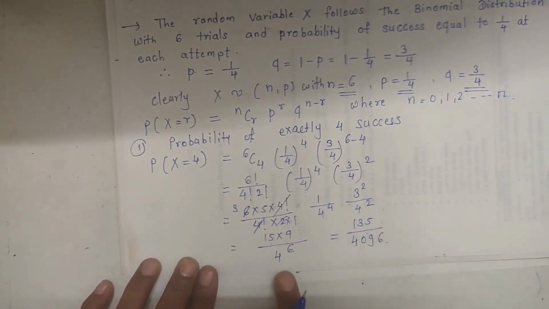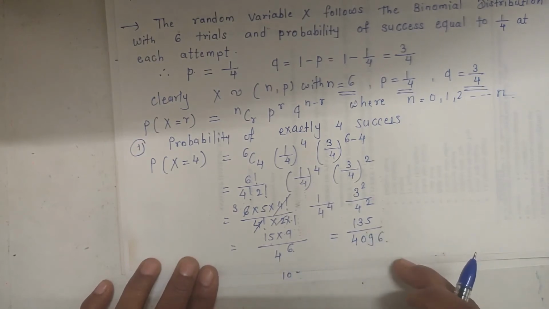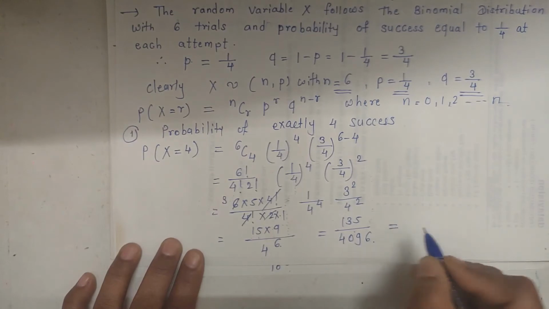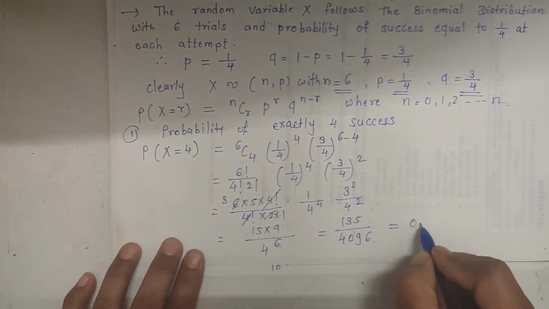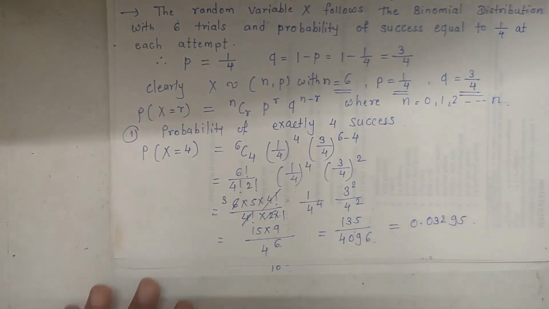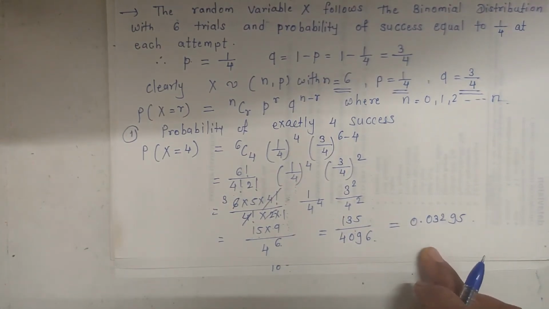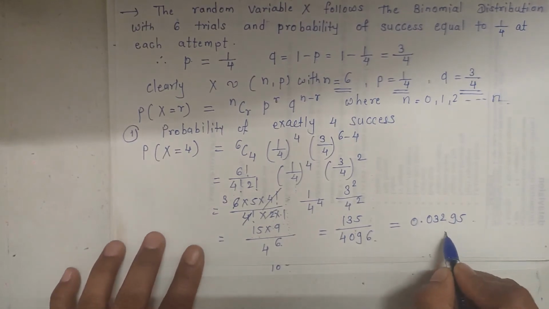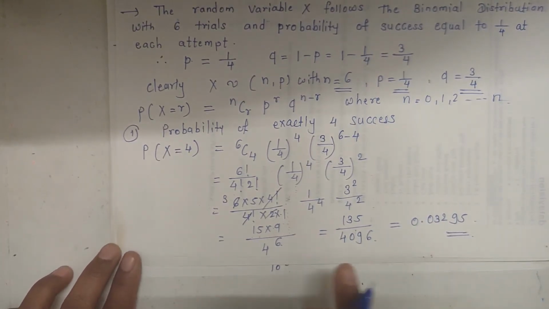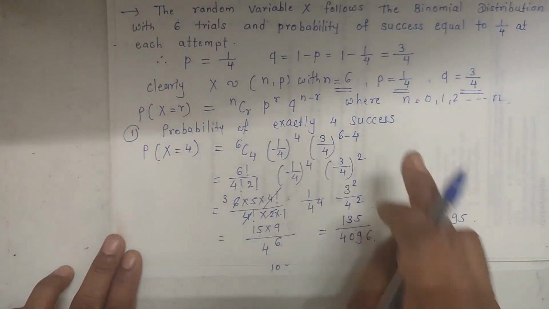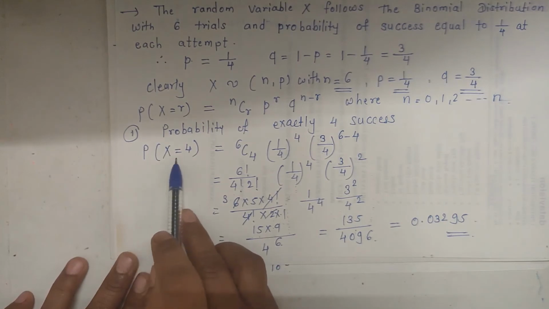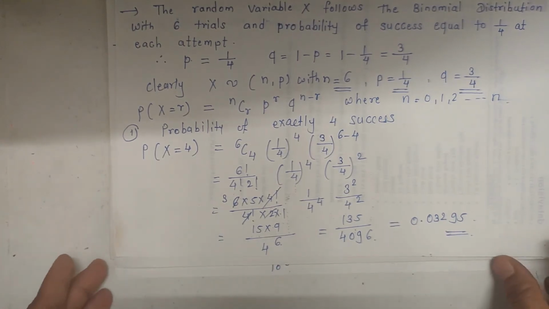So 135 divided by 4096, and the answer of this division is 0.03295. This is the probability of exactly 4 successes, that is, the probability of X is equal to 4.